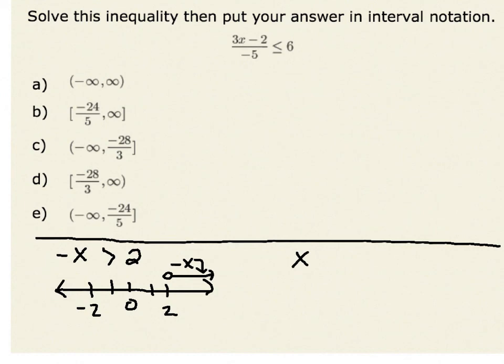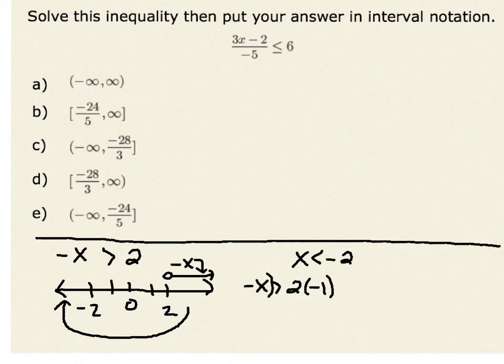That is, when I multiply both sides of my inequality by negative 1. Well, if the opposite of x is greater than 2, that would tell me that x has to be less than negative 2, which means that when I took my original inequality and multiplied both sides by negative 1, I reversed the sign of my inequality.